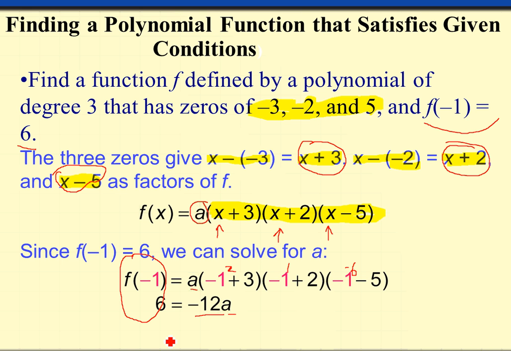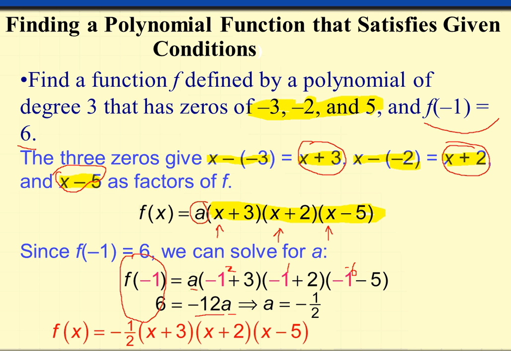And so we simply solve for a by dividing on both sides by -12. We get a is -1/2. And so the polynomial is, now we know a is -1/2 times x plus 3 times x plus 2 times x minus 5.